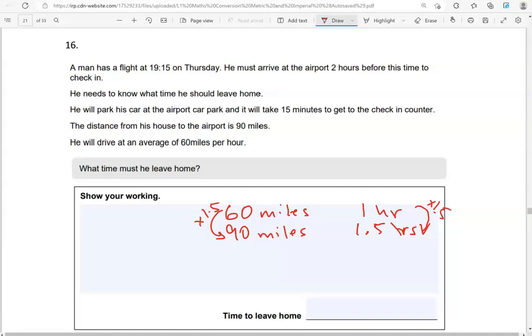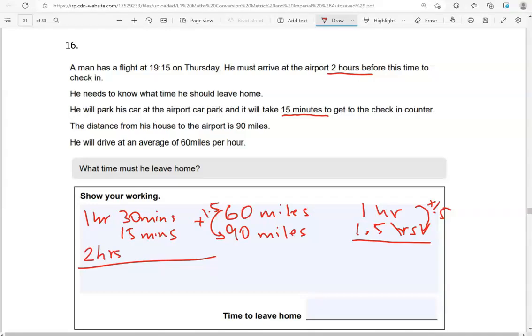So we've got how long it will take him to drive there. Then we've got that we'll park the car at the car park and it will take 15 minutes. So 1 hour 30 minutes to get to the airport, then 15 minutes to get from the car park to the airport, and he needs to be there 2 hours before the time to check in.